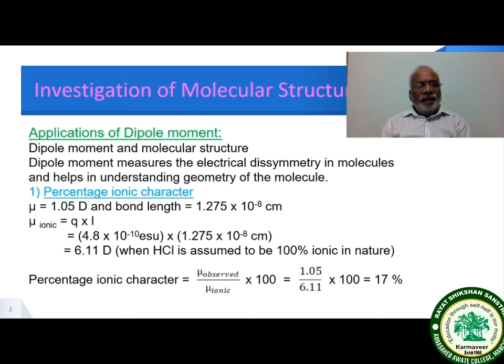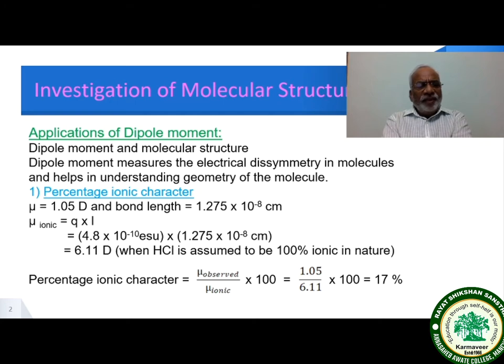But experimentally observed value of a dipole moment is 1.05 Debye. It itself indicates that whatever we initially assumed, that the complete electron pair is towards chlorine and none towards hydrogen, this assumption is found to be somewhat wrong, because mu is 1.05 Debye.